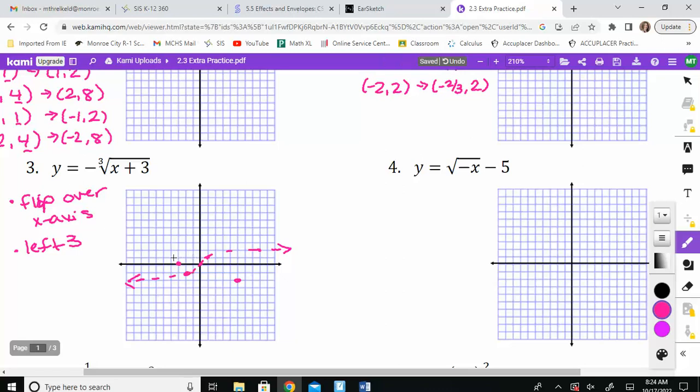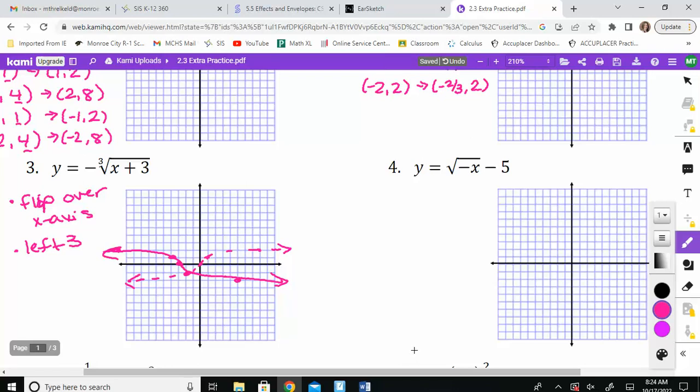This one will go up. -8, -2 goes to -8, +2, left. So we should get something like that.